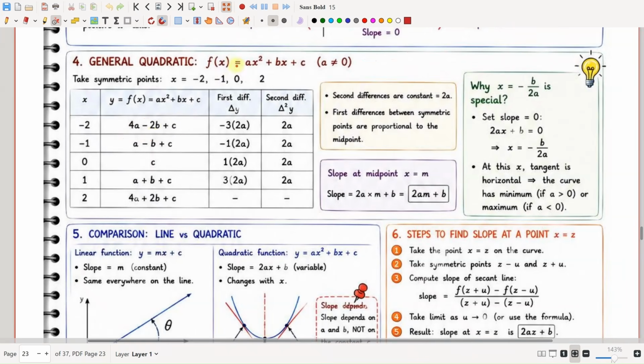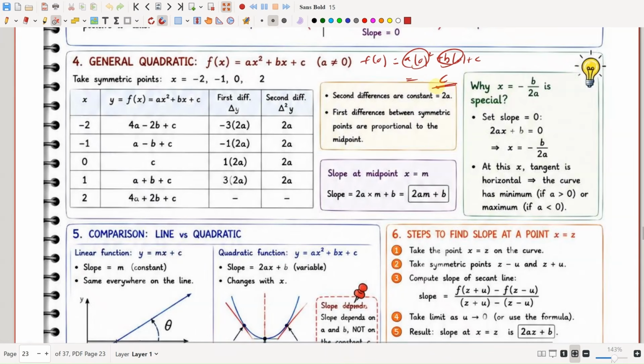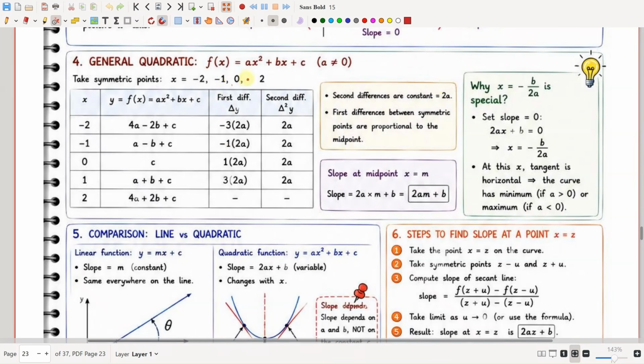Again, I'm going to substitute f of minus 1. F of minus 1 will be a into minus 1 square plus b into minus 1 plus c, which is a minus b plus c. And I'm going to substitute 0, then f of 0 will be a into 0 square plus b into 0 plus c, which is c. Then I'm going to substitute 1.